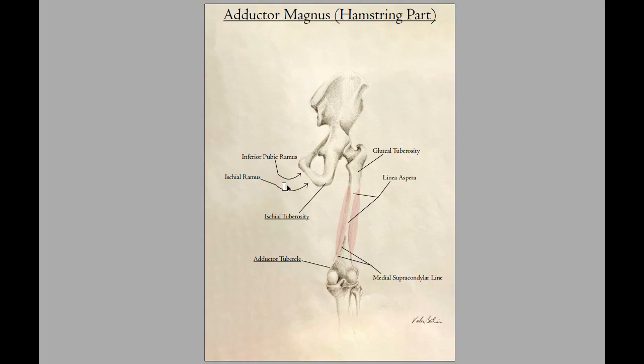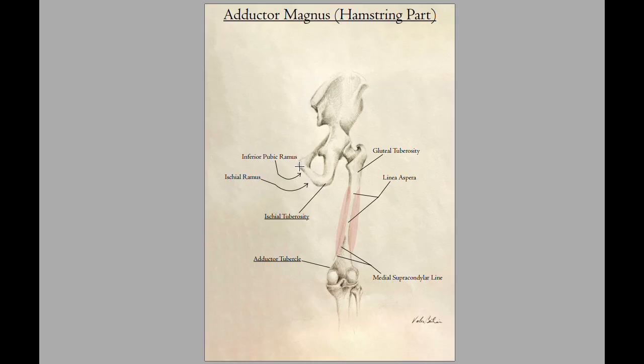Okay, so the whole adductor magnus as a whole muscle is attaching to the inferior pubic ramus, which is right here. It's attaching to the ischial ramus, which is this part of bone right here. Okay, so the inferior pubic ramus, just for your own clarification, this whole piece of bone right here is technically, we call it two different things.